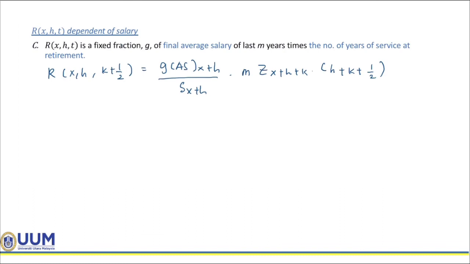And this, the last one, is for the case of dependent on salary. So the rate R_{x,h,t} is a fixed fraction. So G is the final average salary of the last M years, times the number of years of service at retirement. So h plus k plus half is the number of years of service at retirement.